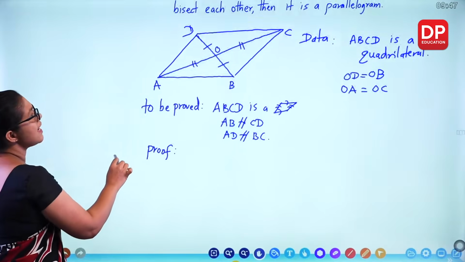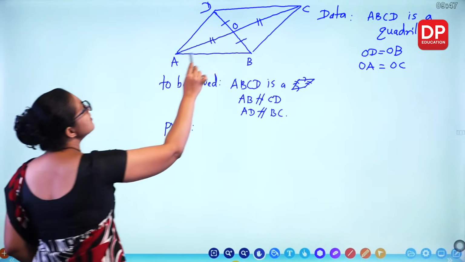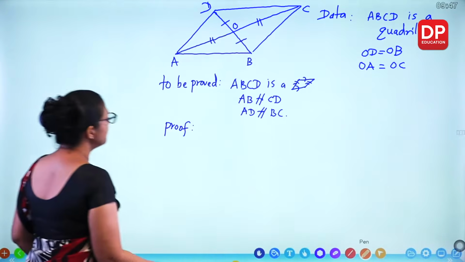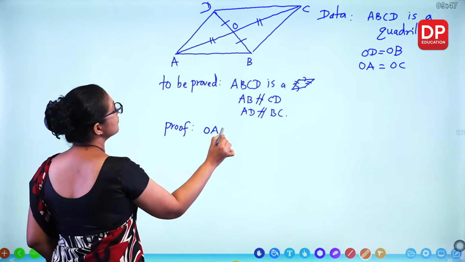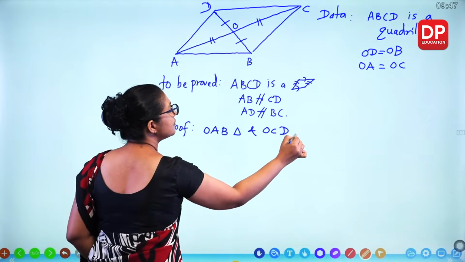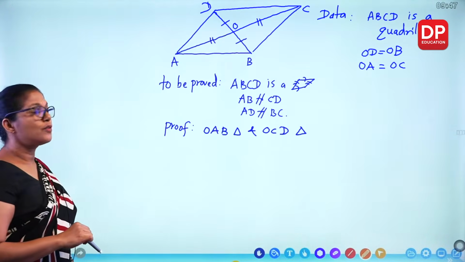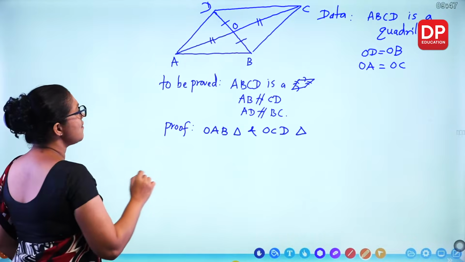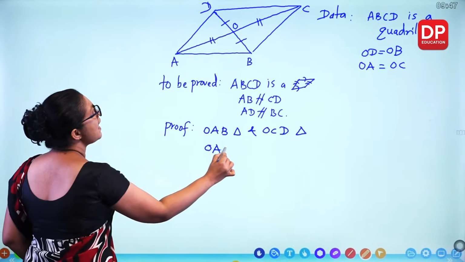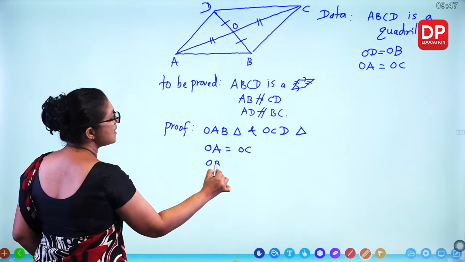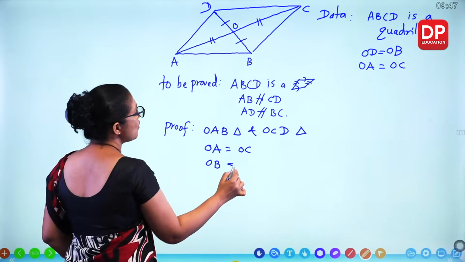We can take these two triangles, OAB triangle and OCD triangle. What can you say about these two triangles? From the given data, we know that OA is equal to OC and OB is equal to OD.